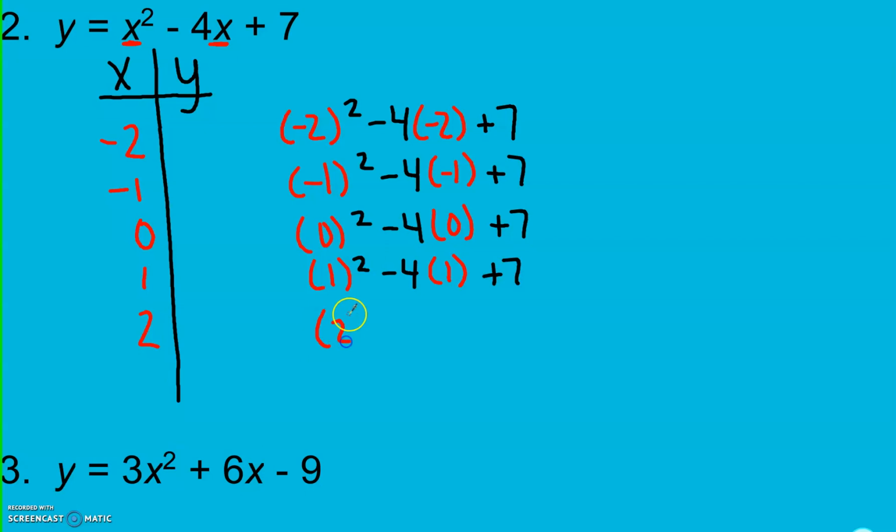And I'm going to take 2 squared minus 4 times 2, again because that's my x value, plus 7. Here, I'm going to get 19. I get 12.